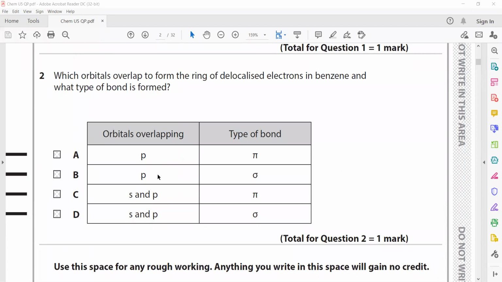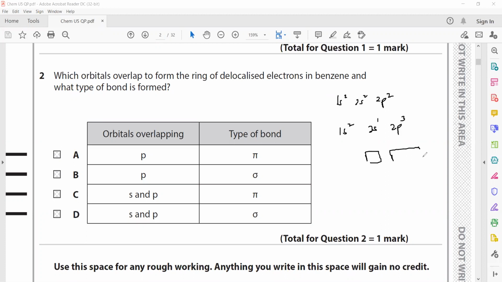Which orbital overlap forms a ring of delocalized electrons in benzene, and what type? When we write the electronic configuration for carbon, it is 1s2, 2s2, 2p2. Due to hybridization, one of the electrons jumps from 2s to 2p, so it will be 2s1 and 2p3.